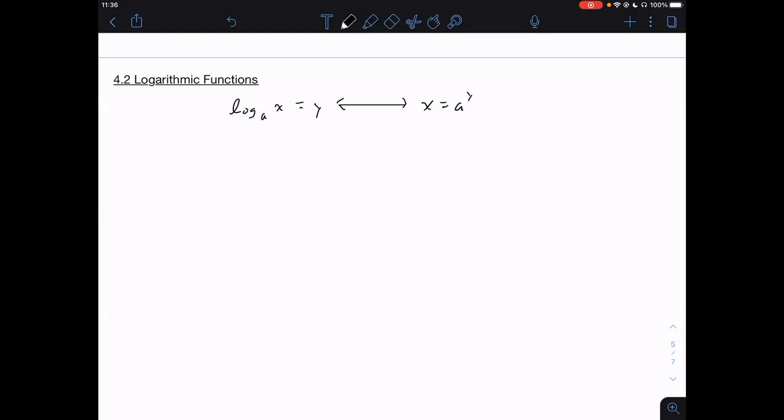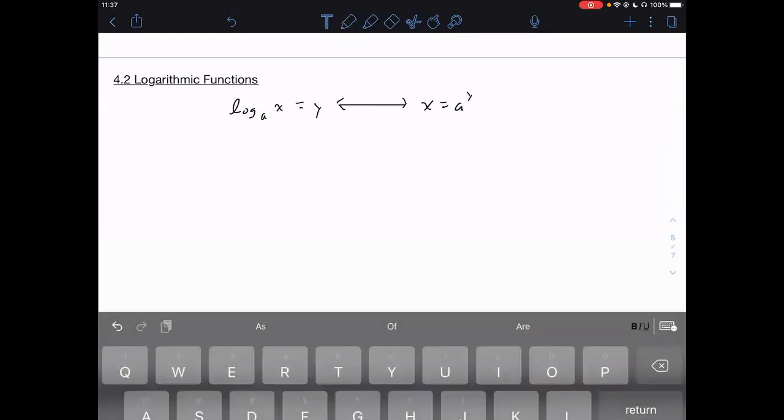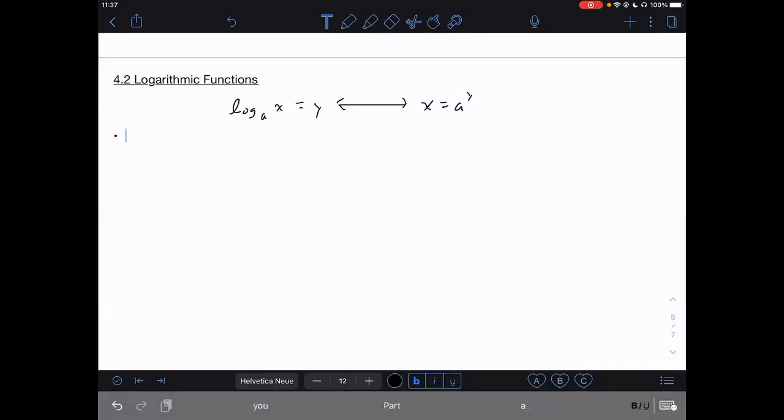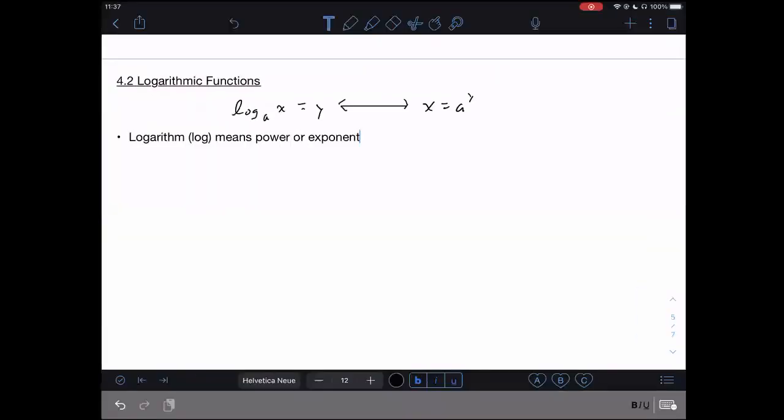Okay, so let's review a couple of definitions regarding the log function. Again, logarithmic, shorthand as log, means power or exponent. We're calculating the exponential value of the log function.